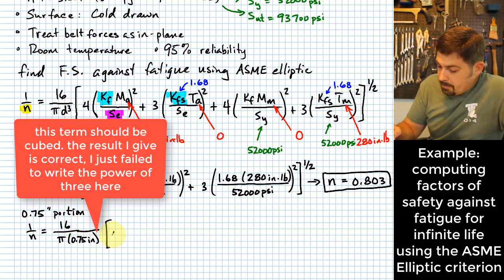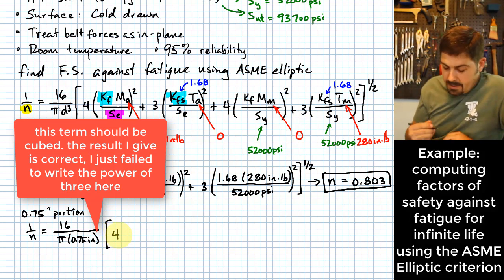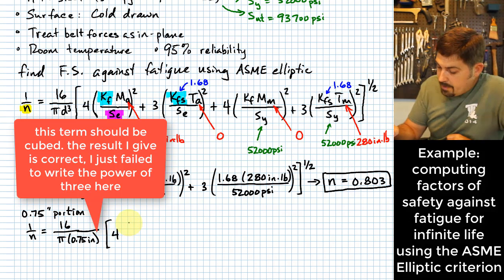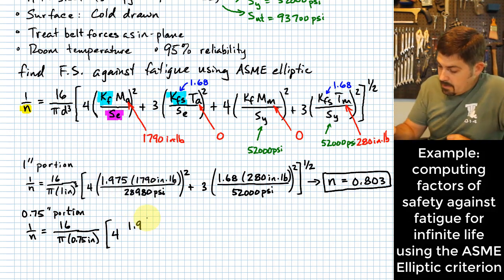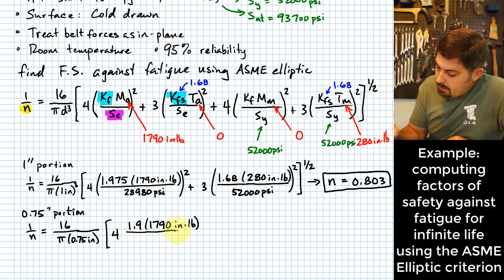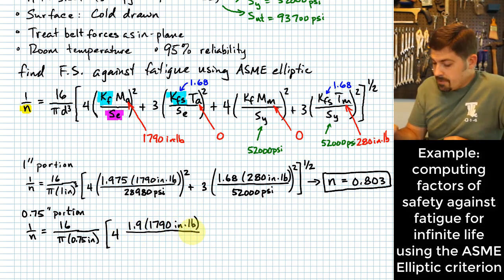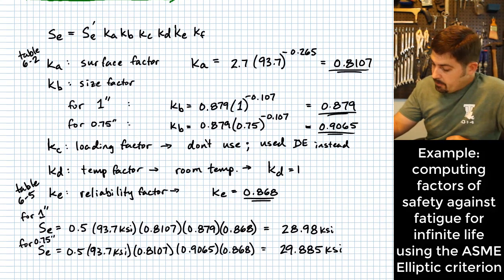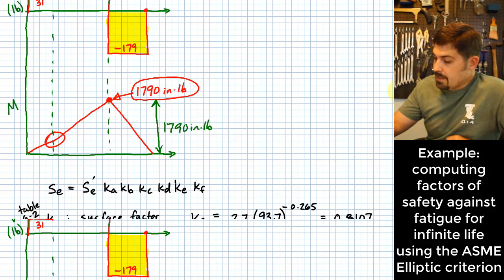This then is going to get multiplied by 4 times, and remember the k sub f that we had there for the 0.75 inch side was just 1.9. It does have the same amount of bending moment that causes alternating stress, so we put in 1790 inch-pounds. But we do want to use a different value for the endurance limit because we had two different values for that. And so we go back and look at that, 29.885 KSI.